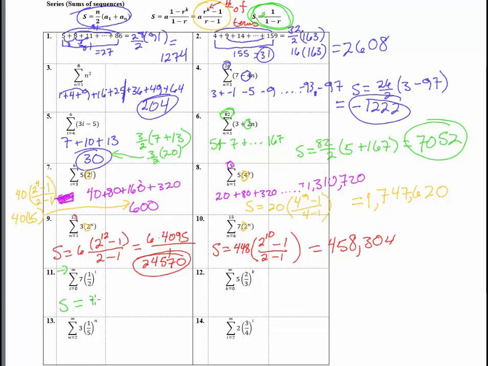So it's going to be 7 times 1 over 1 minus r, which is 1/2. Common ratio is 1/2, so we get 7 over 1/2, which equals 14. Now this division by fractions, you flip and multiply by that reciprocal.